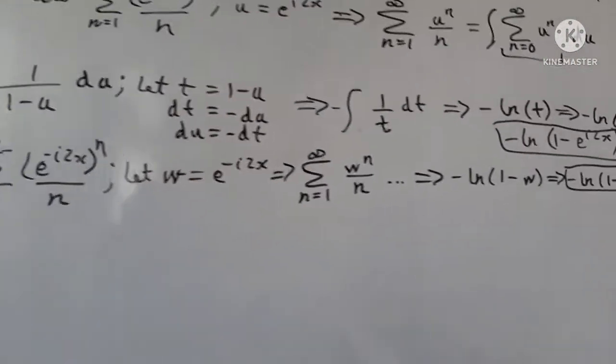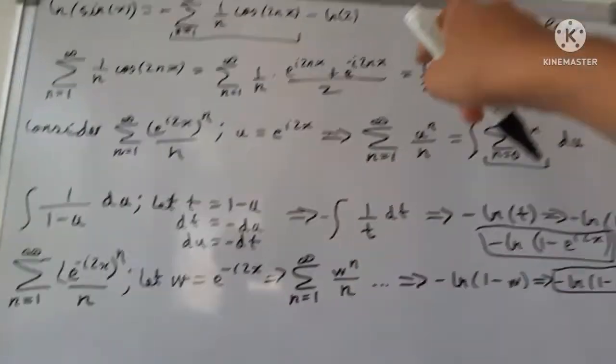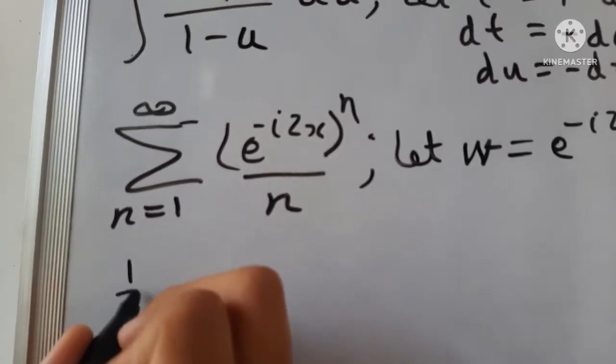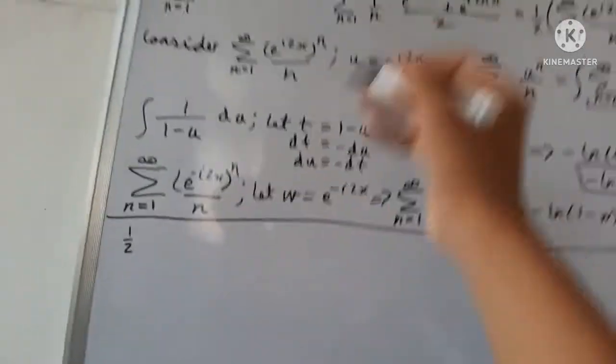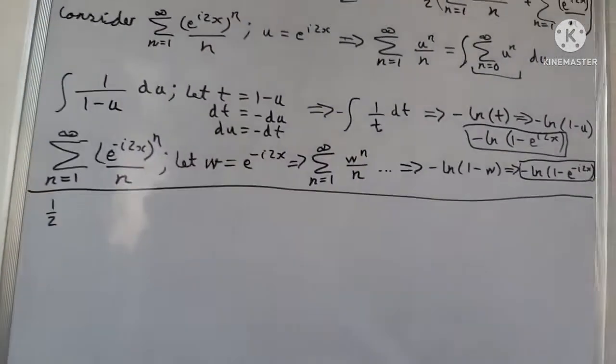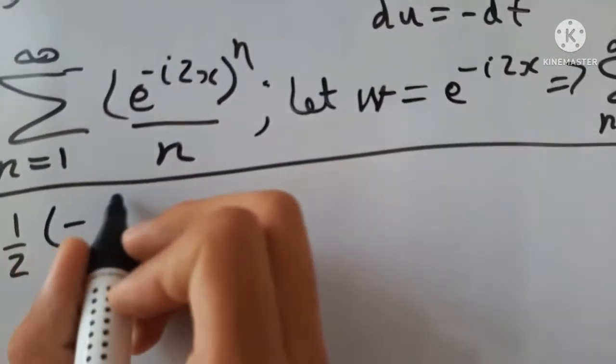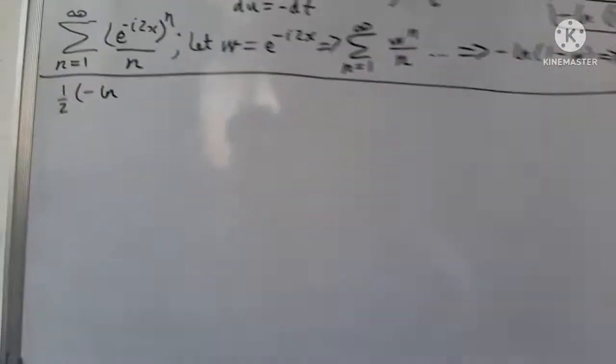Pretty good. So now I think we'll back substitute into this part. So we get a half. I should draw a line here to indicate that I'm done with evaluating the summations. So a half minus ln. I'm going to factor out the negative signs.